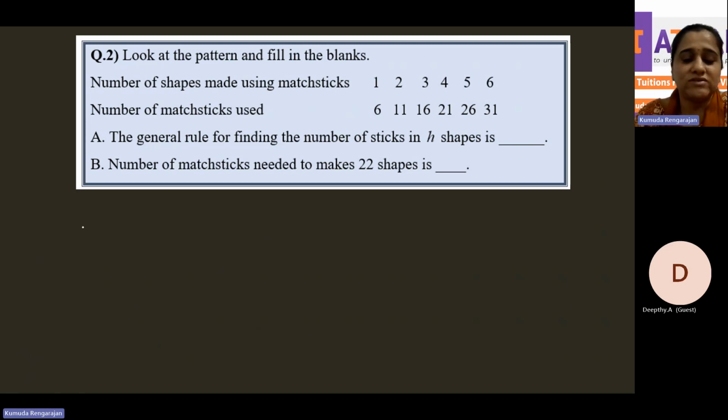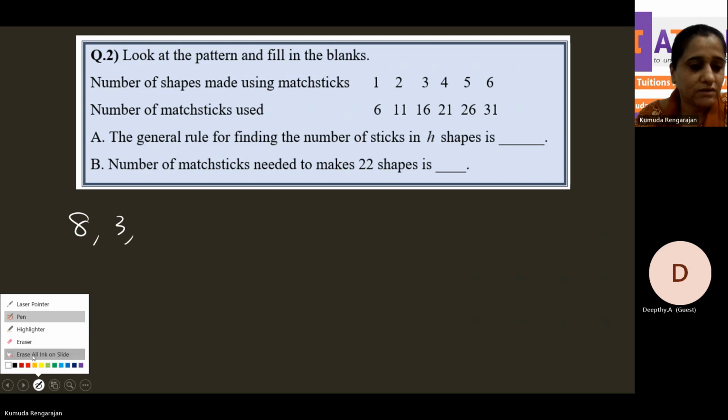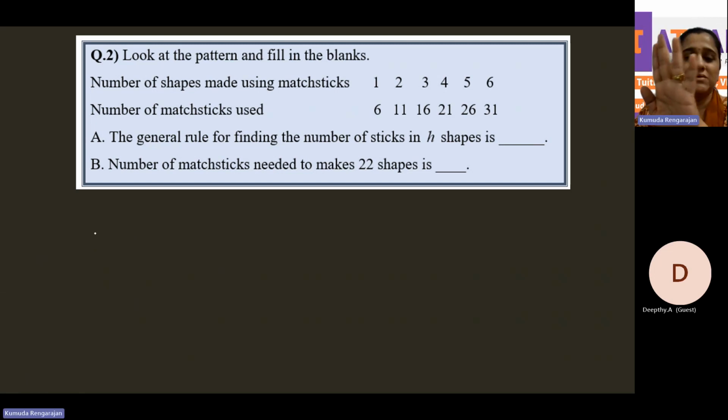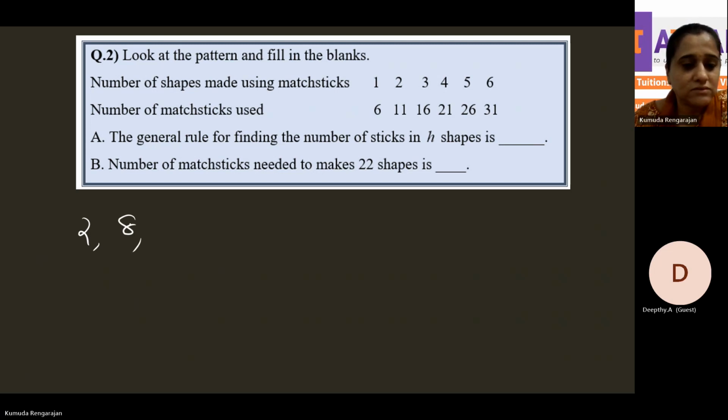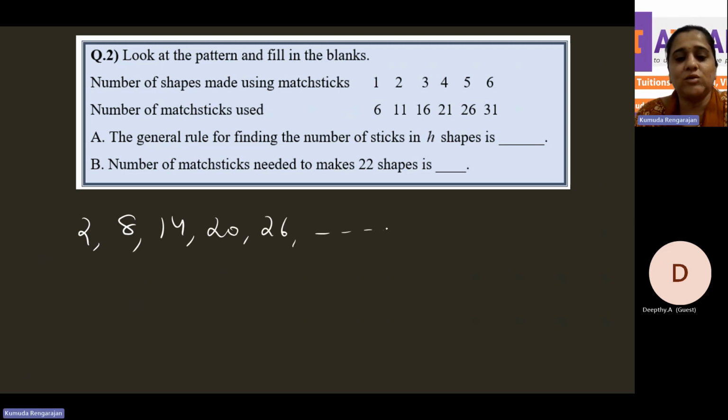Now tell me the rule for this. Yeah, tell me the rule for this, all of you. 2 is the first term. 8 is the second term.